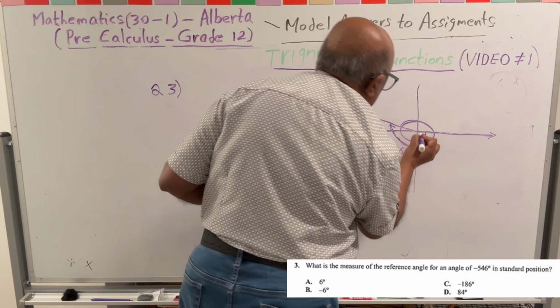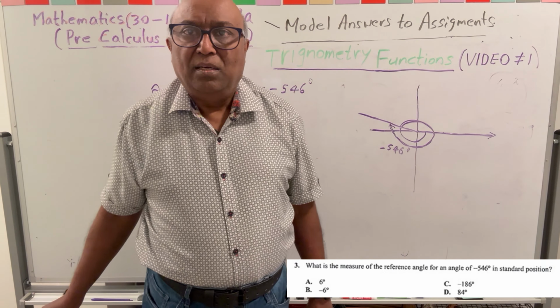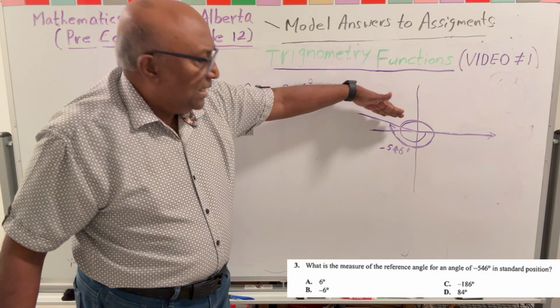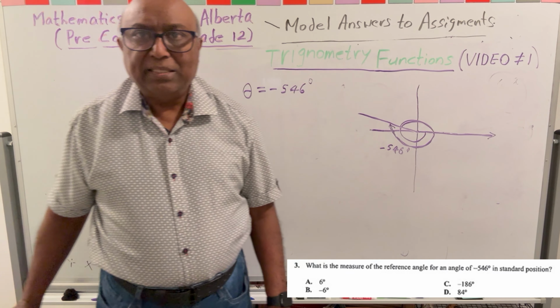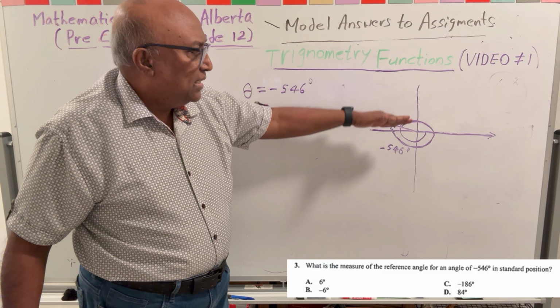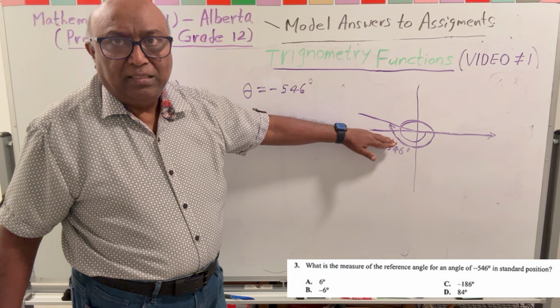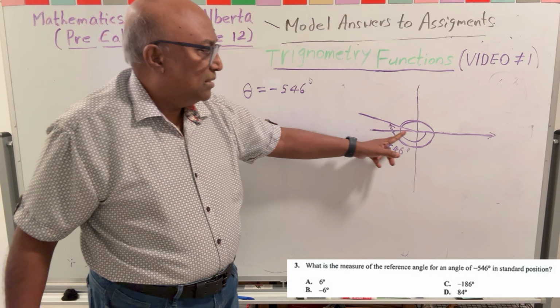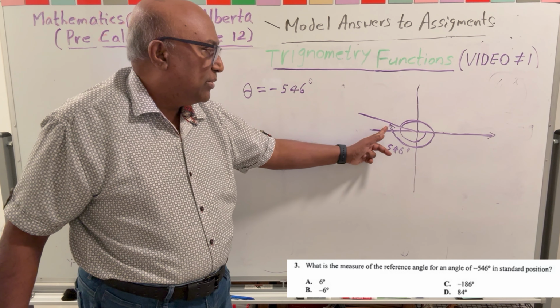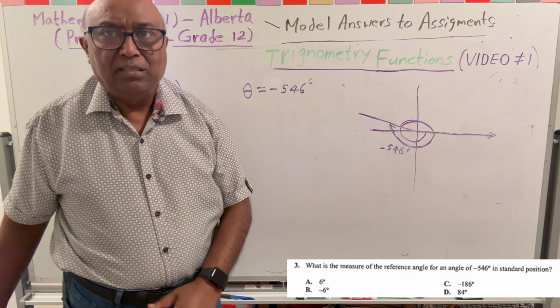Now what's the reference angle? Reference angle means the angle between terminal arm with the nearest x-axis. What is the nearest x-axis? This is not the nearest one, this is the nearest one. That means this is the reference angle, 6 degrees.